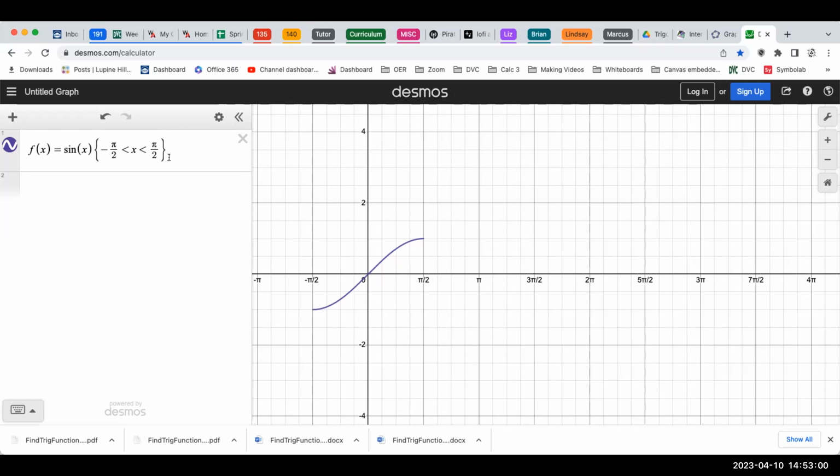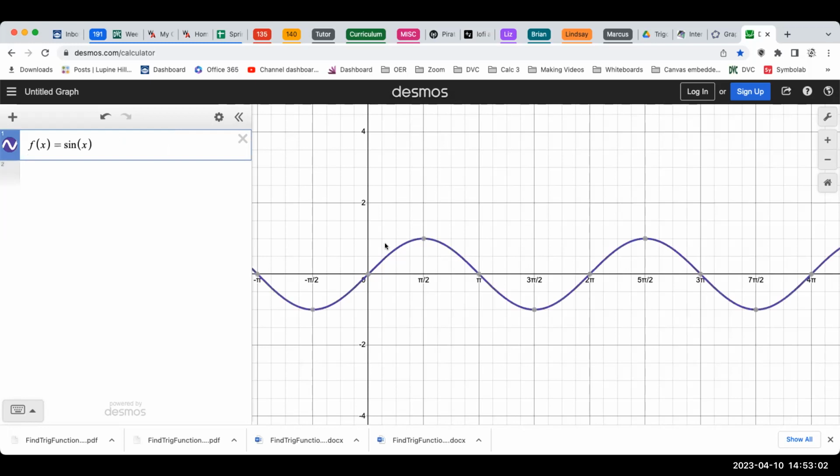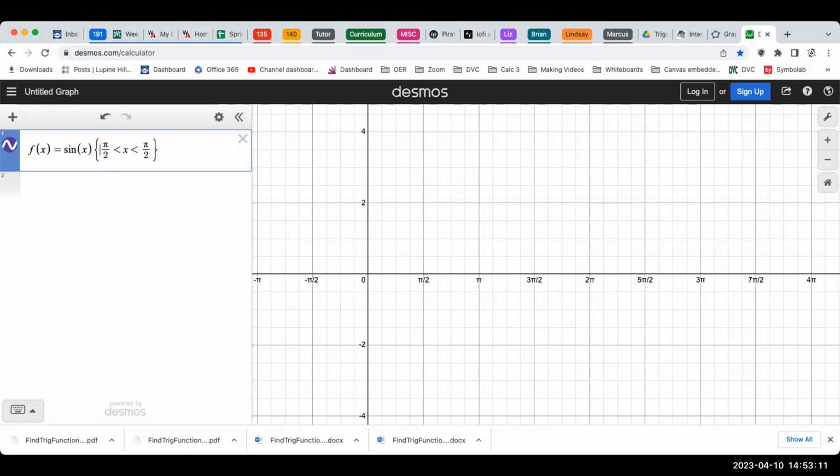I could have also used pi over 2 to 3 pi over 2. See, that still will pass the horizontal line. So there's many different restricted domains that you can choose to make it one-to-one.